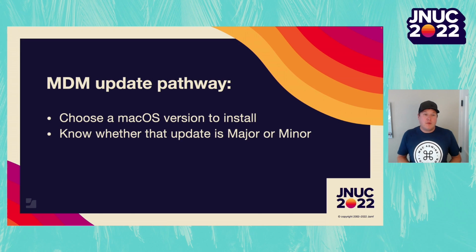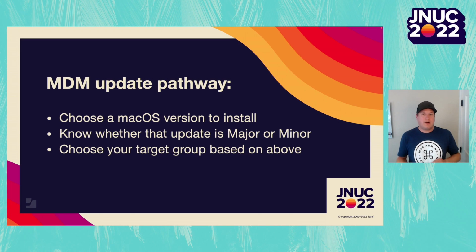You'll also want to know whether that update is major or minor. A minor update being a version that, say, going from macOS 12.5 to macOS 12.5.1, a minor update. If I were going to that same macOS 12 version while starting on a machine running macOS 11, that's considered a major update, and the mechanisms for that are different.